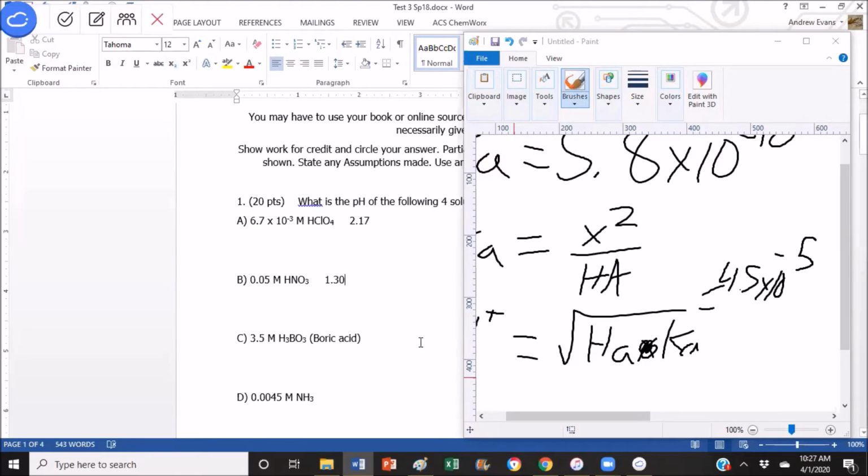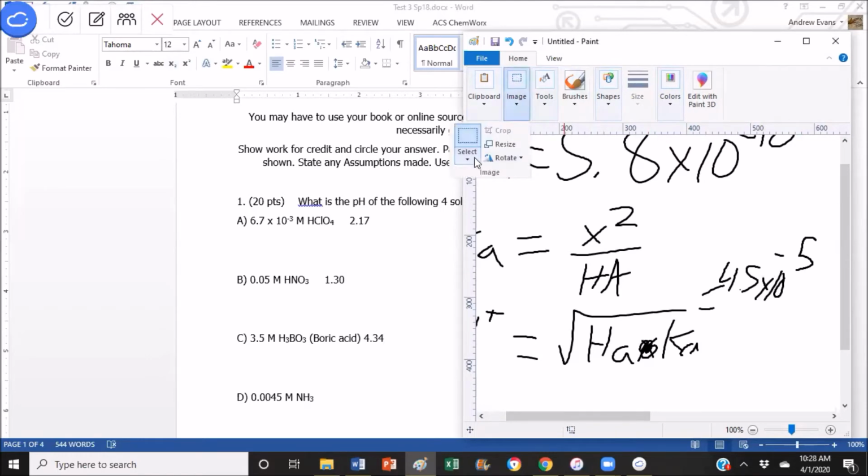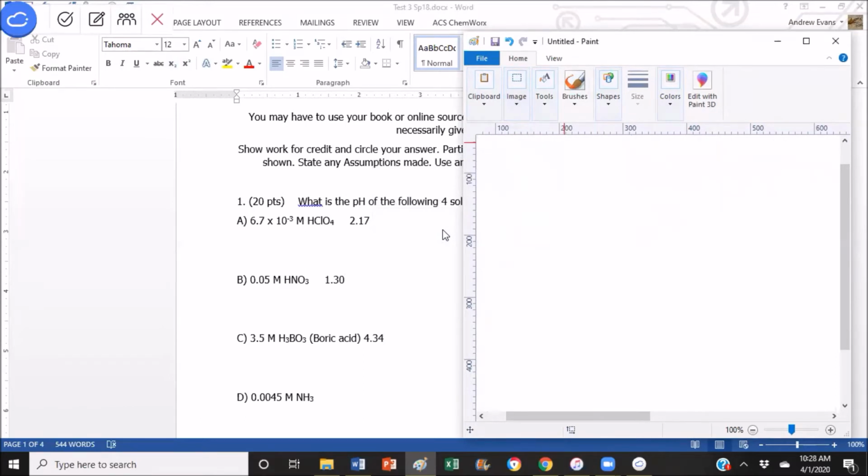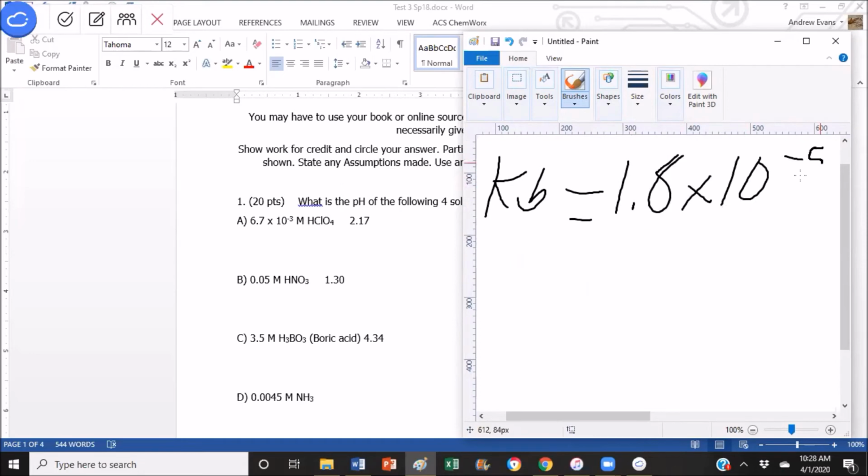The last one is a weak base. You look this up, and you're probably going to find not the Ka, but the Kb. The Kb of ammonia is equal to 1.8 times 10 to the negative 5th.